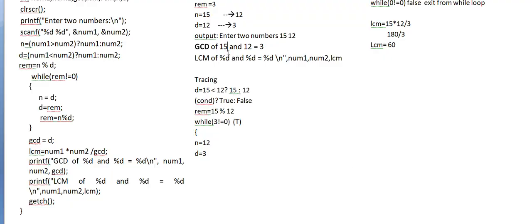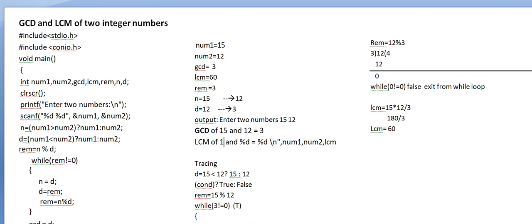As we know, num1 is holding the value 15, as well as the second percentage D for num2. Second percentage D is holding the value 12. The LCM is holding the value 60.